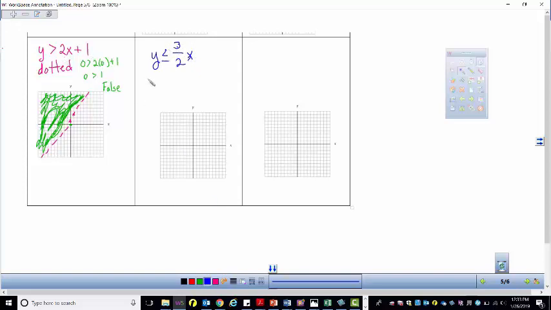It has the equals, so it's solid. Then I'm going to graph. Well, this one starts at 0 because there's nothing there, so that means I start at 0. There's no y-intercept. The y-intercept is 0. So then I go up 3 over 2, and I can do that again. I could go this way, and I draw in my solid line.